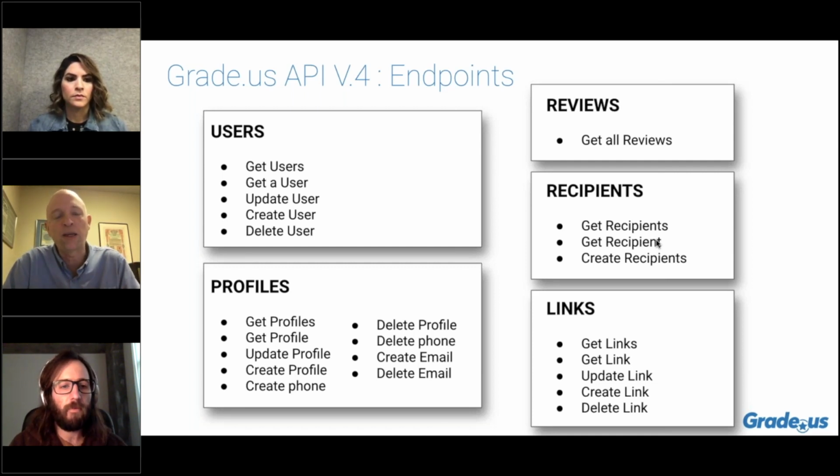For example, in V2, there's a very good recipient endpoint, so it's very good for just adding recipients. V1 has a few other endpoints, and you would use this and that. But our design has been around A to Z access of Grade Us without having to use the UI to any large degree. So that is the overall approach.